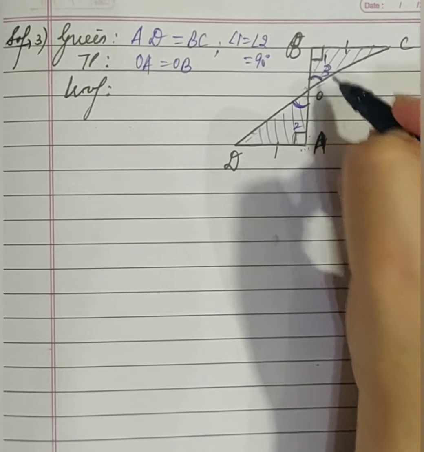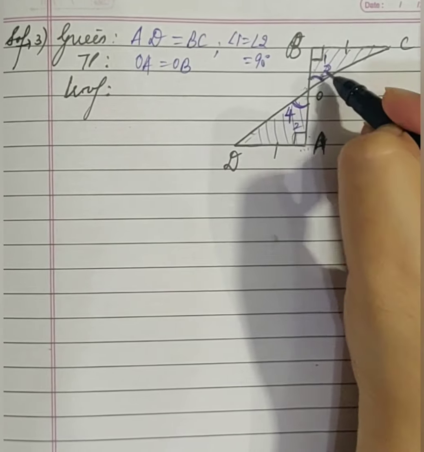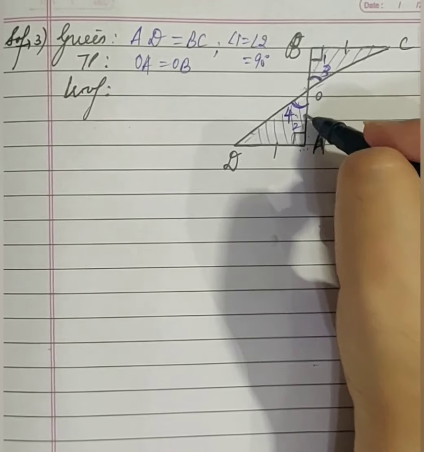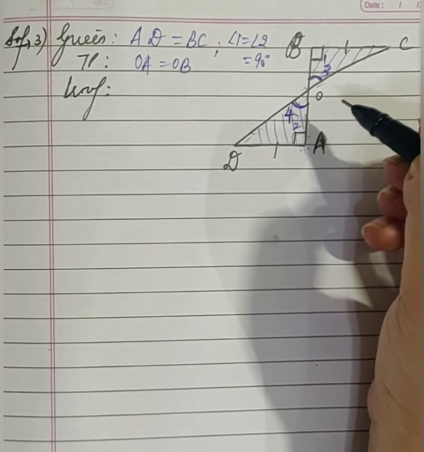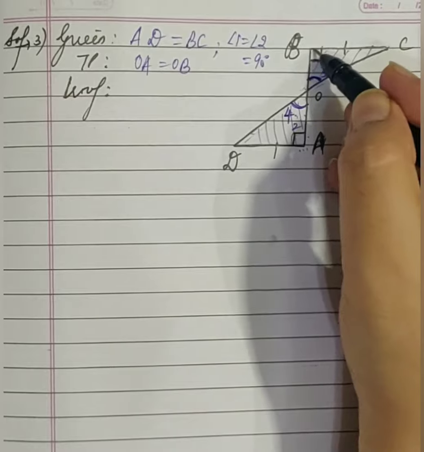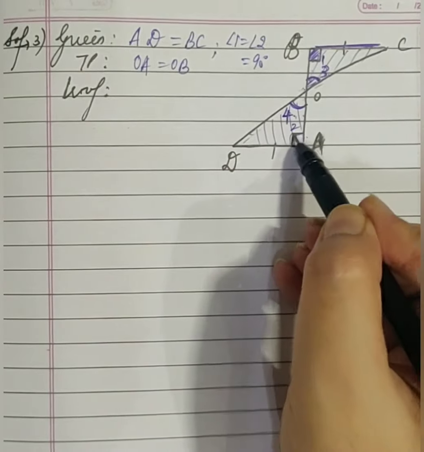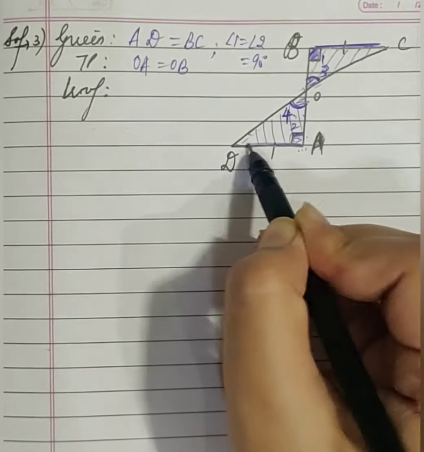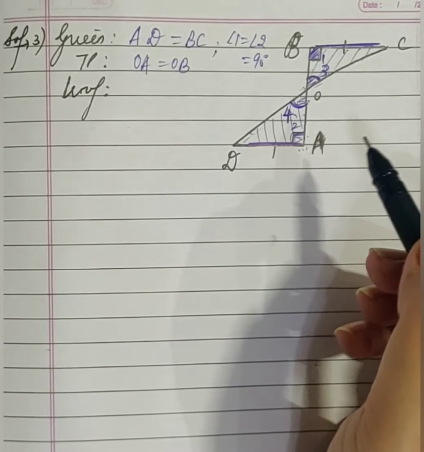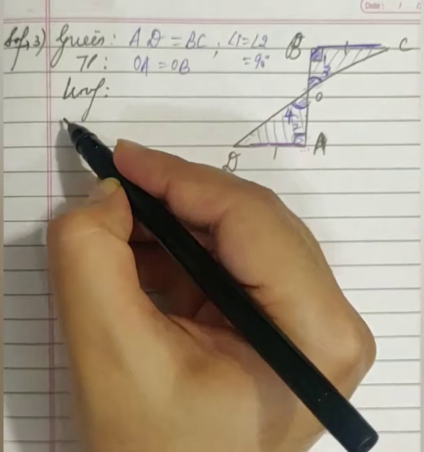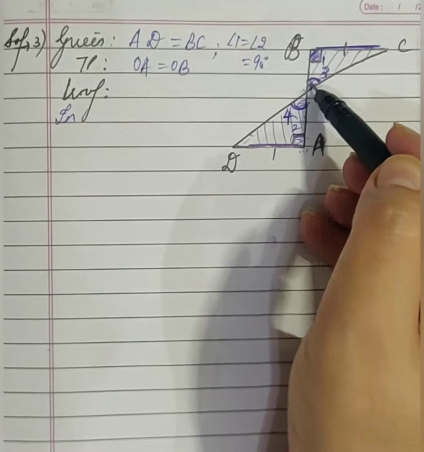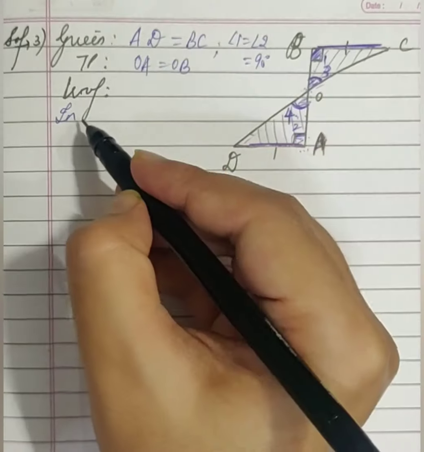So we can mark it as 3. This can be marked as 4. Angle 3 will be equal to angle 4. The reason being vertically opposite angles. So by angle side, we can check here also. Angle side condition, the two triangles are congruent. And by CPCT we can say OA is equal to OB.